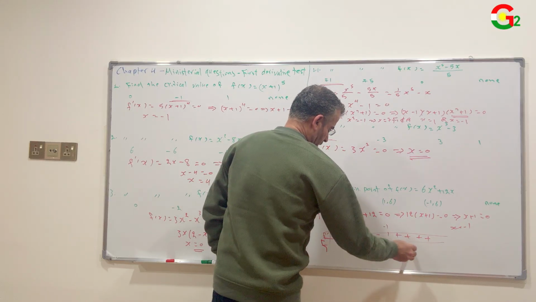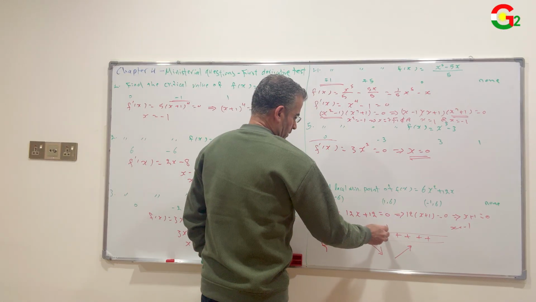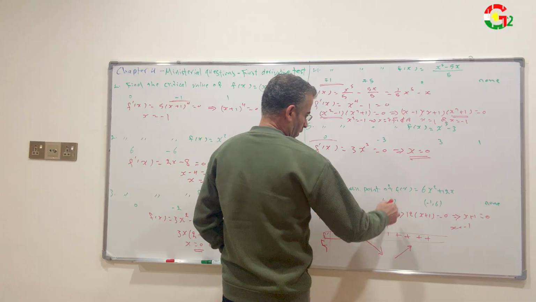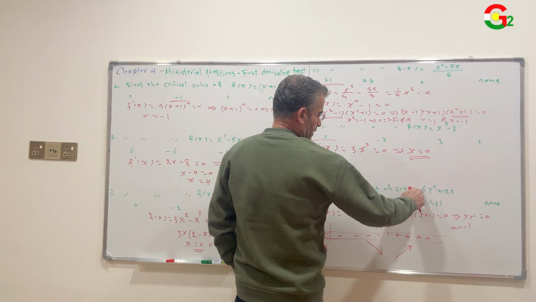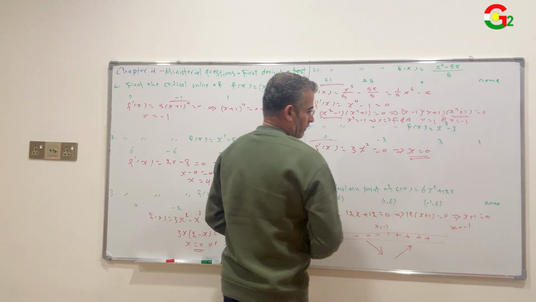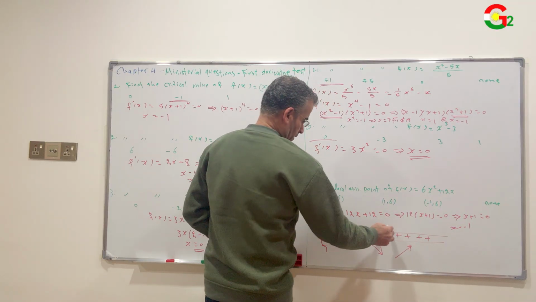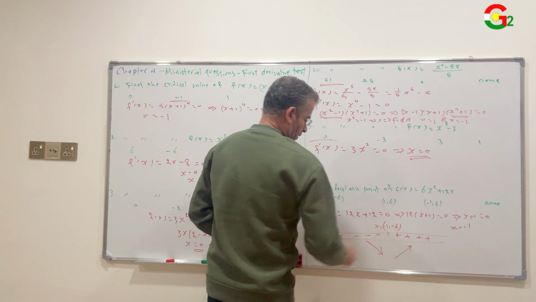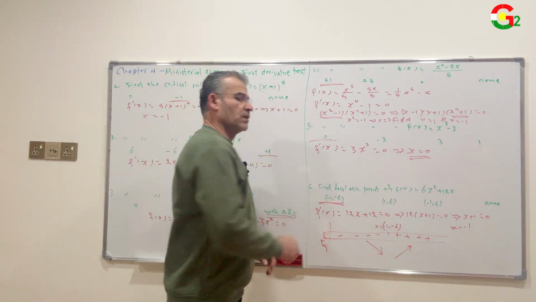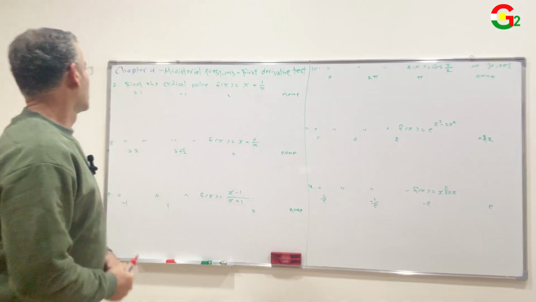Then negative 1 is a local minimum for this function. Let us find the y coordinate of negative 1. 6 times negative 1 squared is 6, minus 12, equals negative 6. Then the point is (negative 1, negative 6). Choice A. Question number 7.